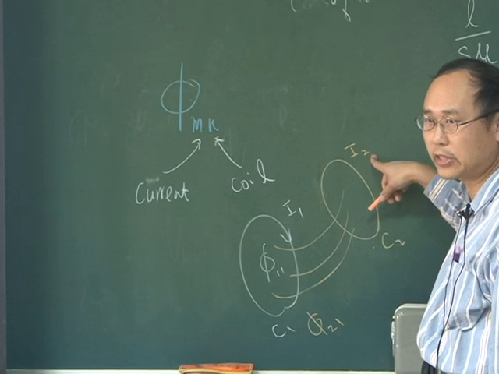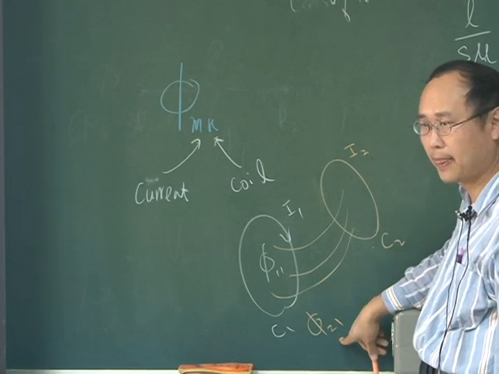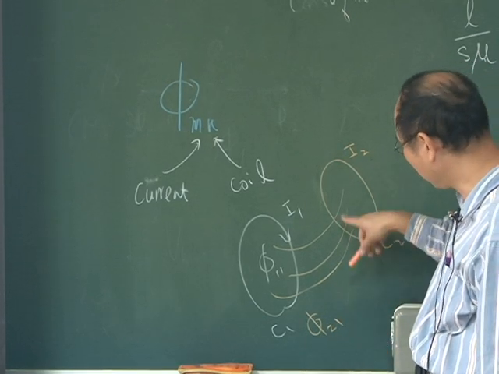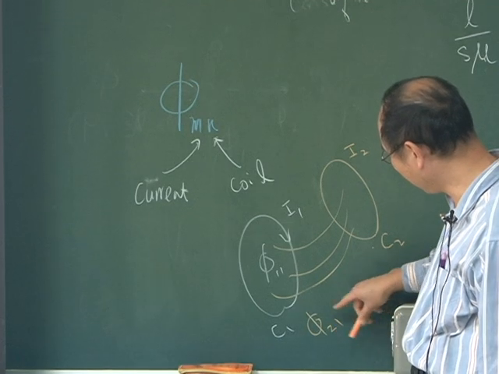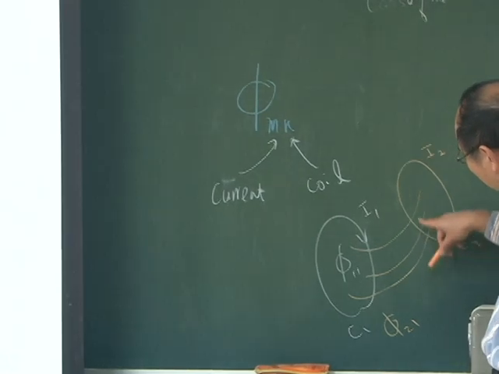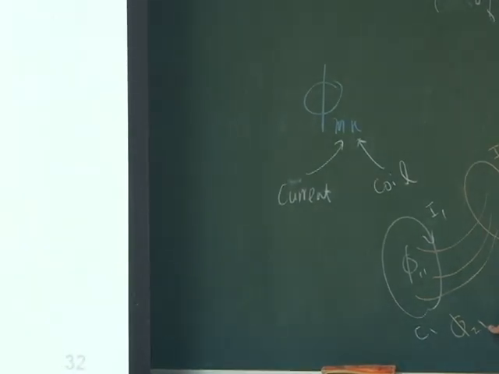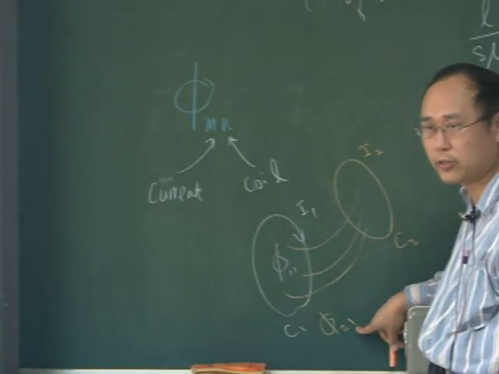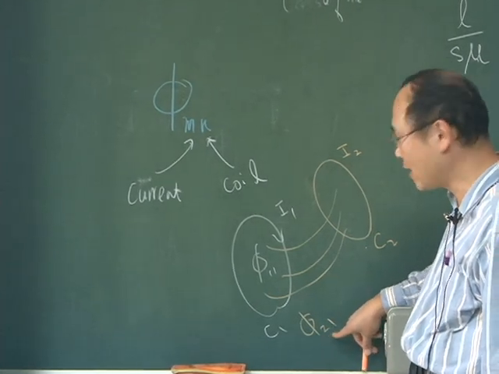It comes from the second current. And the second index refers to the loop. It goes into the first loop. The second current goes into the first loop. And it's called phi 21.